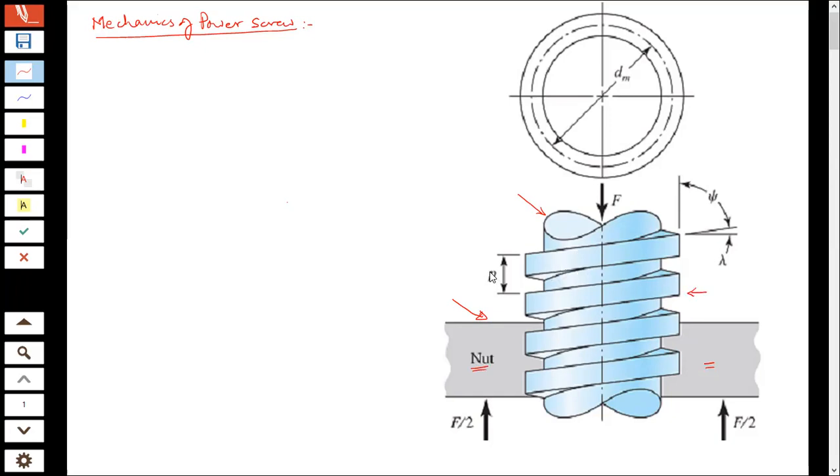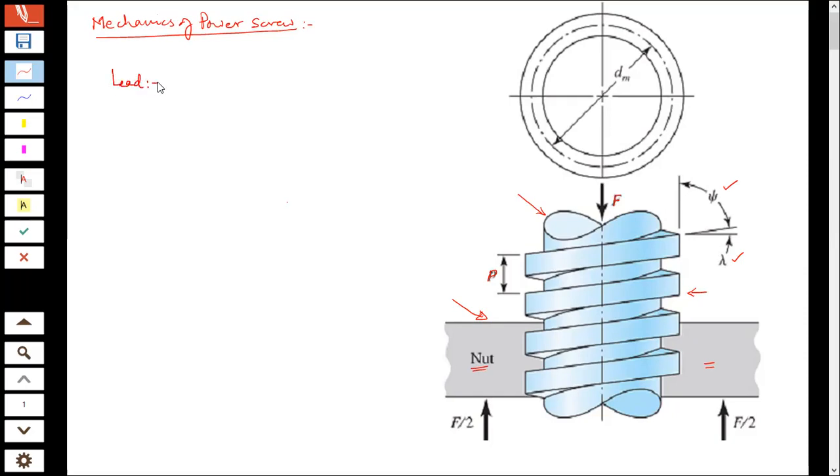Let's say that this screw has a pitch P, and the load on this screw is F. Let the helix angle be psi, and the lead angle lambda. Now, what is lead?